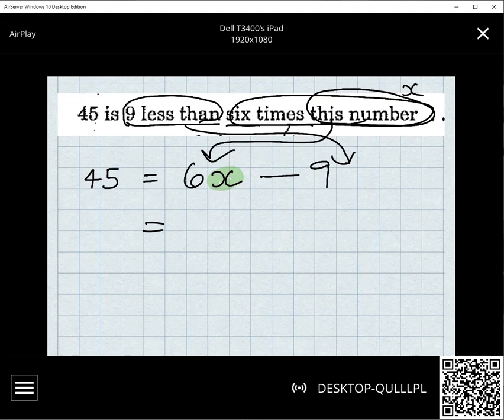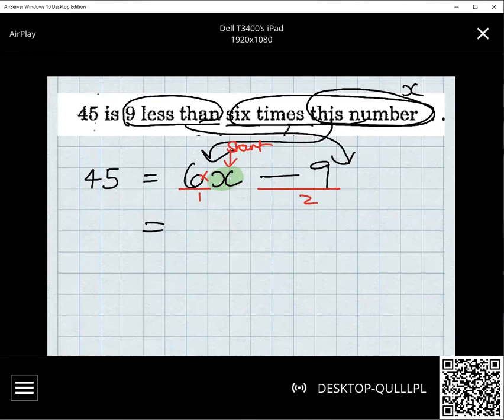Why haven't you grabbed the times by 6? Why don't you grab the times by 6? Yeah, why? I'm not sure. You should be sure. You start at the x, the times by 6 is the first, and the minus 9 is the?